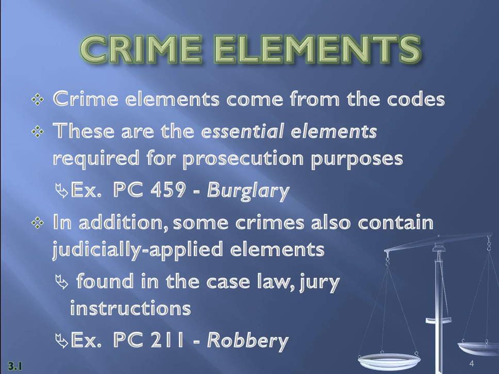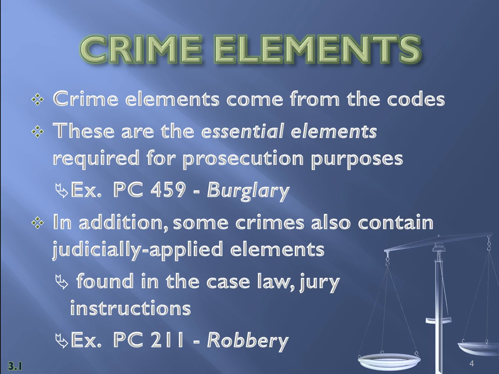We're going to talk a little bit about crime elements now, and then we're going to bring it all back around to what we call the proof of corpus delicti, and it'll all tie in. So crime elements, as a practical matter, the Penal Code definition of a crime clearly states those essential elements necessary for the commission of a particular crime.